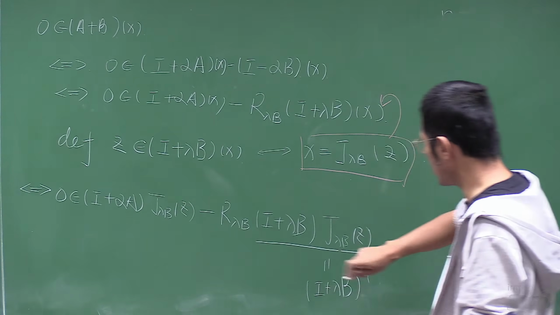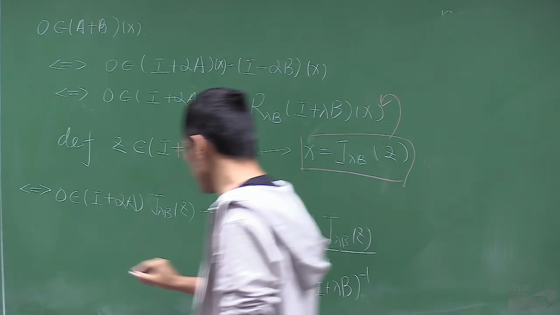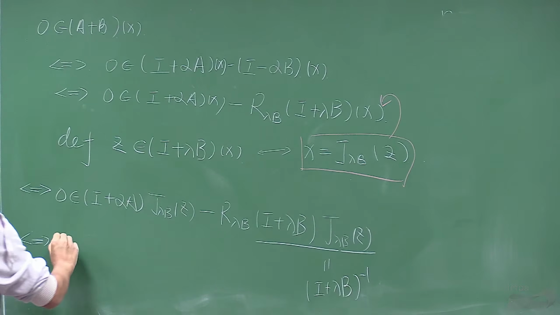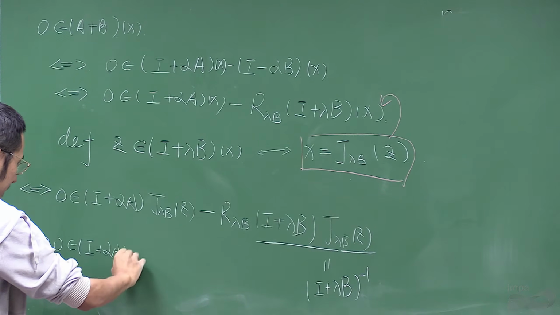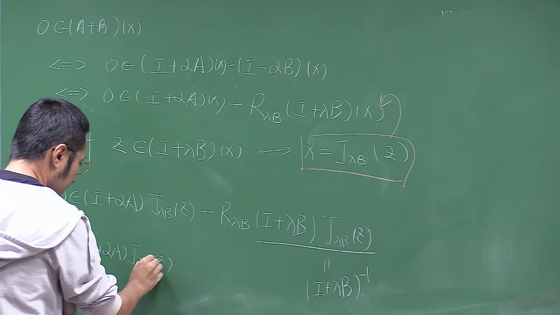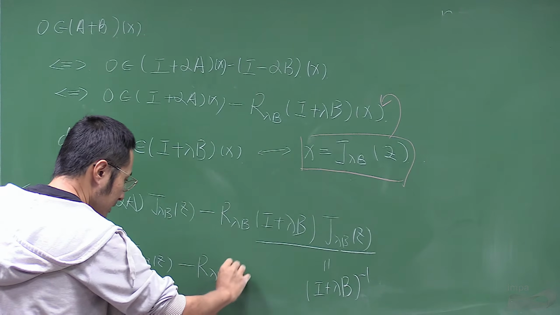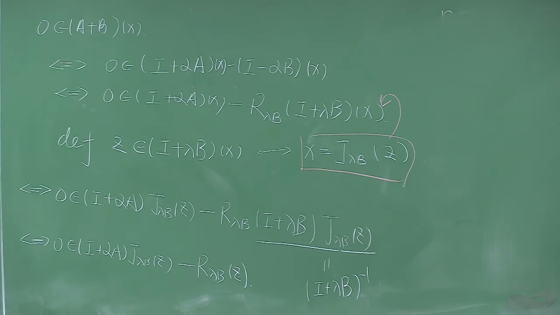So this is equivalent to 0 belongs to (I plus alpha A) of the resolvent of B at z, minus the reflection of B at z. Okay, so we have this result.